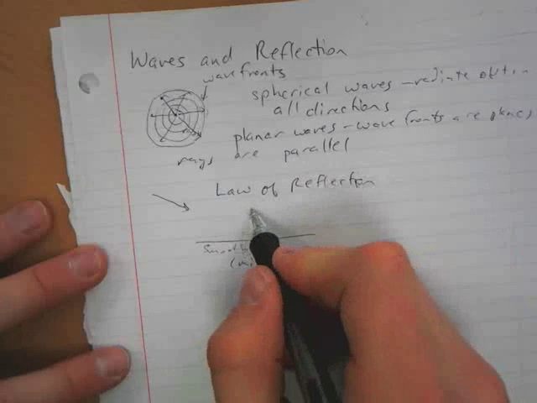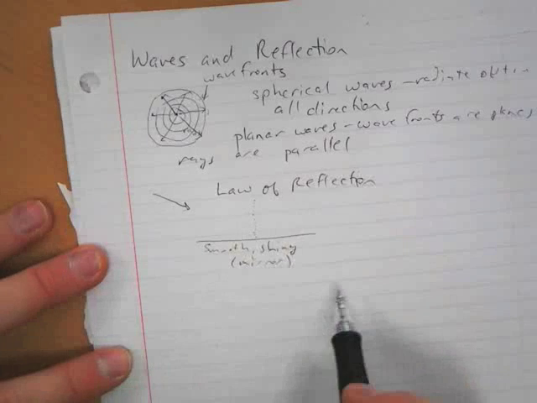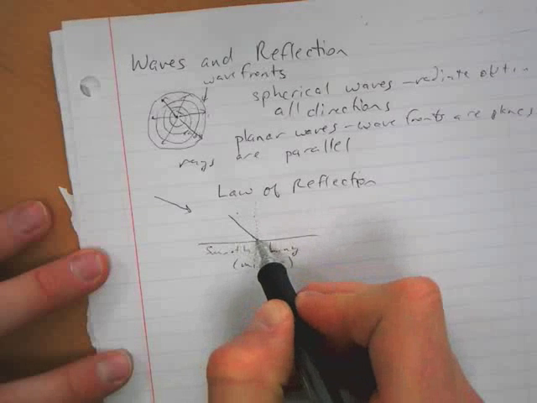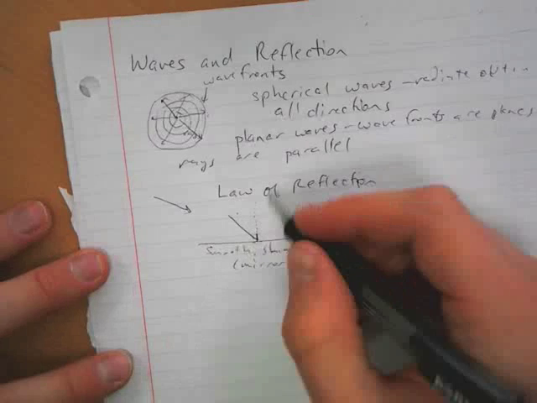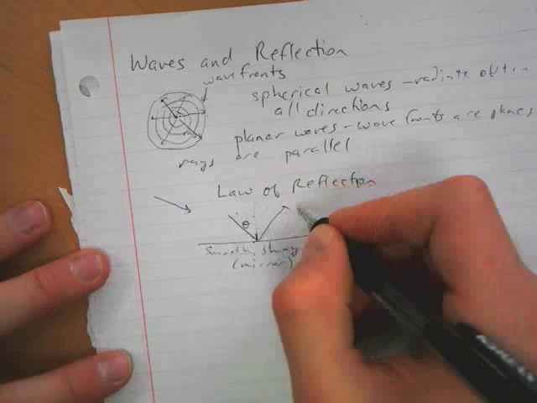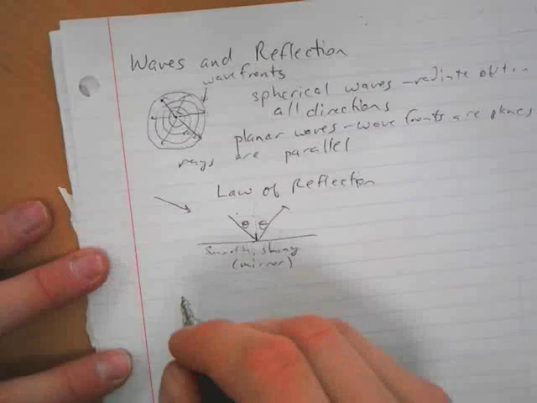If we imagine a normal to this surface, and we have a ray that comes in, the law of reflection states that when it hits this mirror, it will reflect back out, and the angle that it comes in at is the same as the angle that it leaves at.